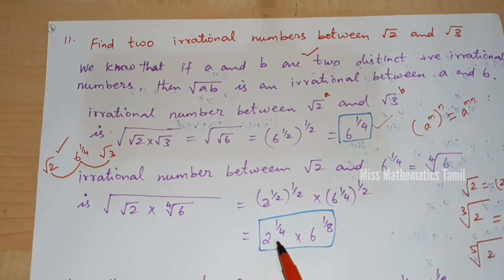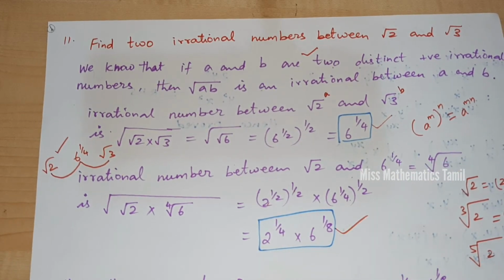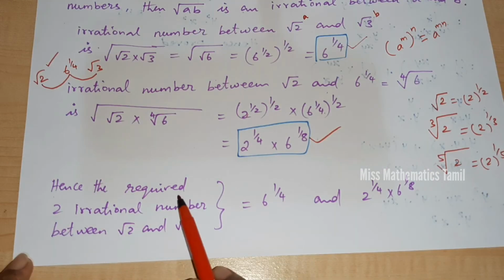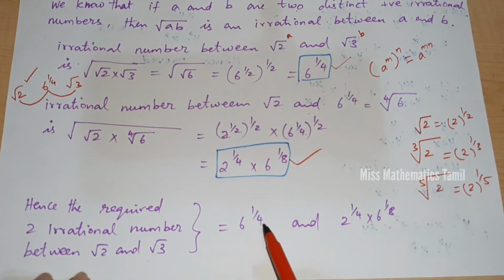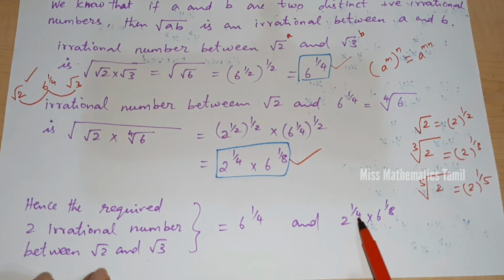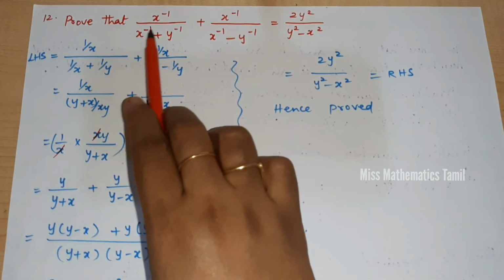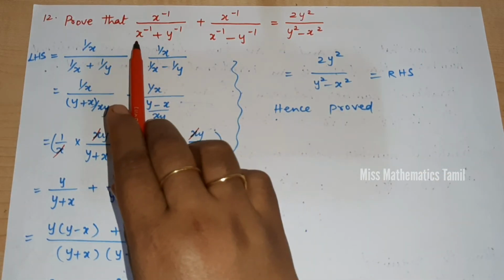So this is the second irrational number. Hence the required two irrational numbers between root 2 and root 3 are: first one, 6 to the power of 1 by 4, and second one, 2 to the power of 1 by 4 into 6 to the power of 1 by 8.